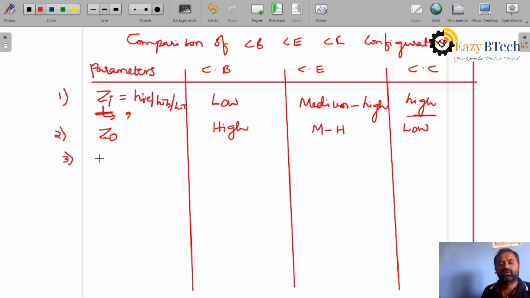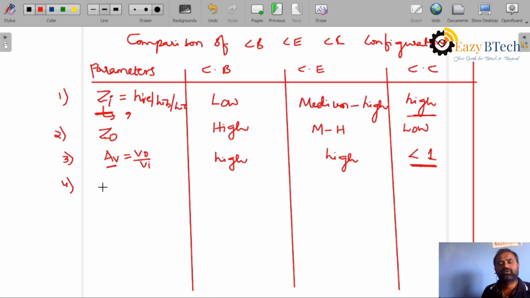Next, voltage gain. Voltage gain is high for common base, for this also high, and for this it is less than 1.